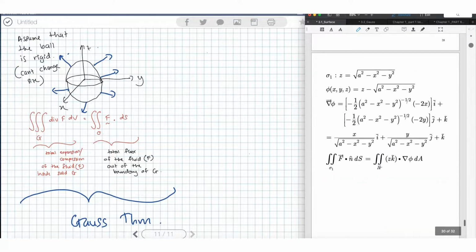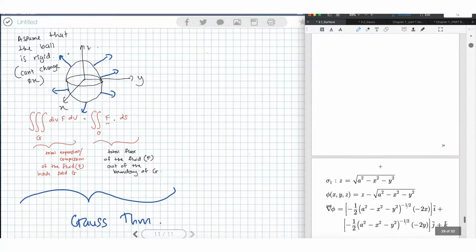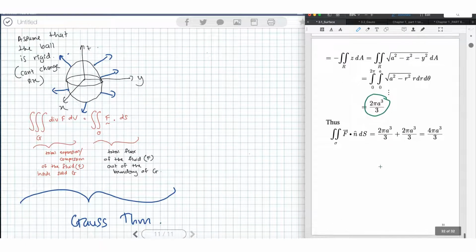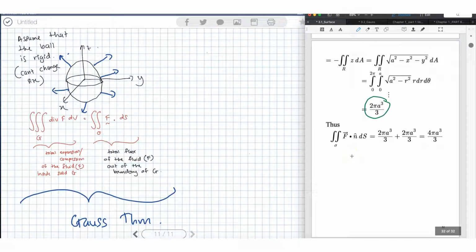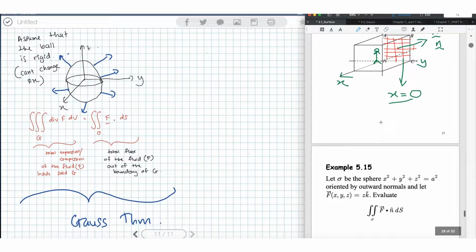So you can see how long the steps are, which is of course sometimes unwieldy compared to just using the triple integral. So now we implement the Gauss theorem to solve this problem.